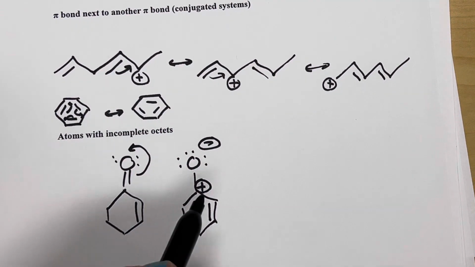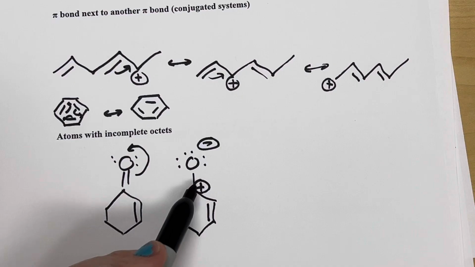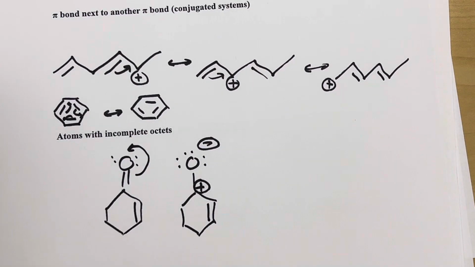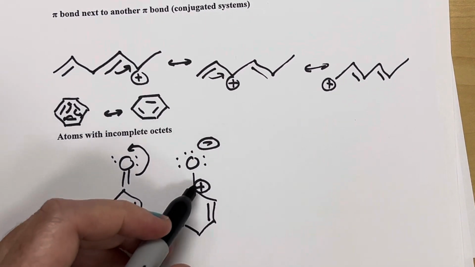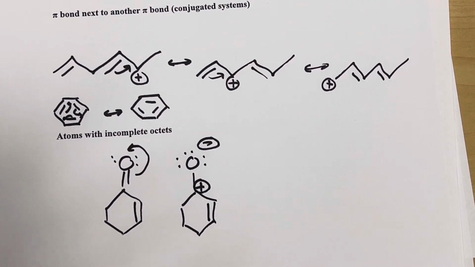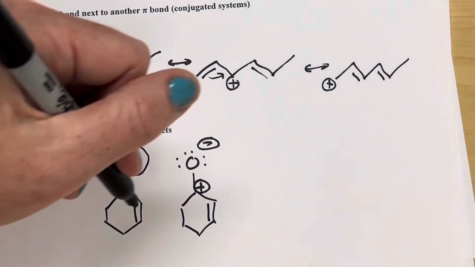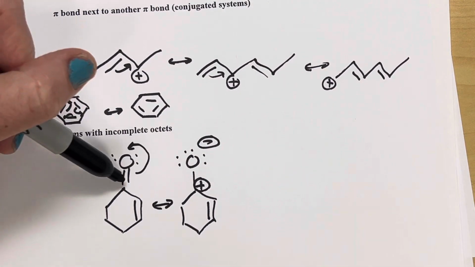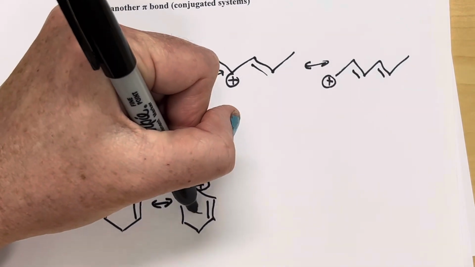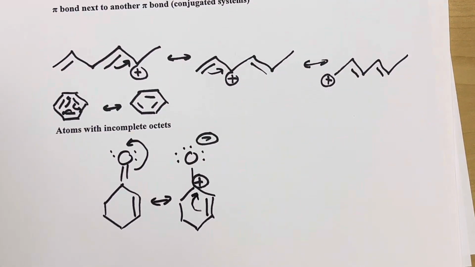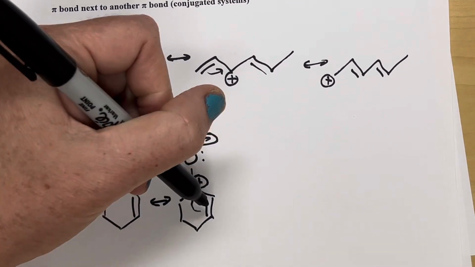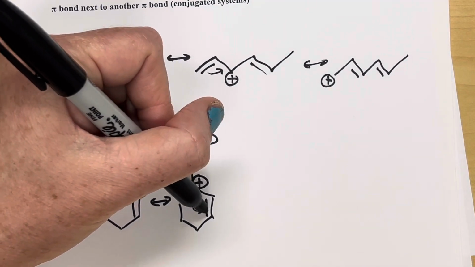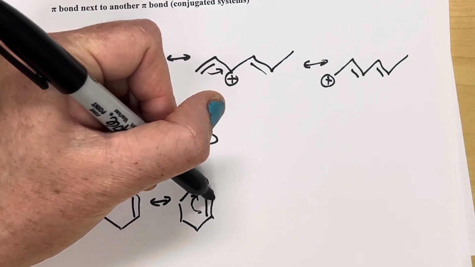And we know that carbocations have an incomplete octet. So if you have an incomplete octet, some kind of electron is looking to bond with it, or move toward it. So you could take these electrons and move them right back to where they were, or you can move those electrons right there and move them to this location. Don't forget, you can't ever just take electrons and move them onto the carbon atom because they're too far away.